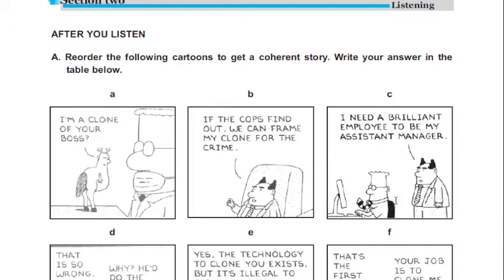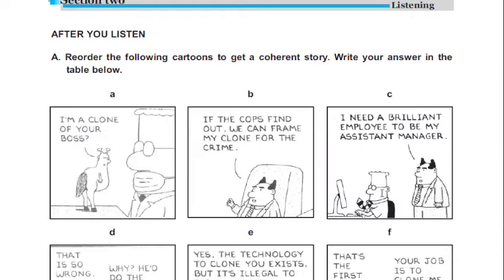He might be a clerk or an employee, but he is wearing glasses and a tie, so he might be a scientist. The boss says, I need a brilliant employee to be my assistant manager. So he needs someone to help him as his assistant manager, and he wants him to be brilliant.